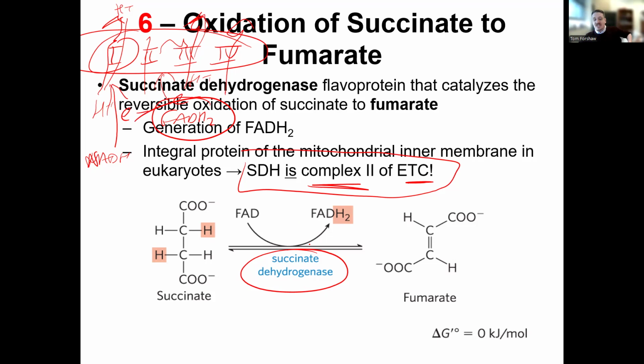Why have an enzyme that generates FADH2 and then shuttle that FADH2 to complex 2? Why don't you just have complex 2 as a part of that multi-protein complex? So complex 2 of the electron transport chain contains the enzyme. Part of that multi-protein complex is succinate dehydrogenase.